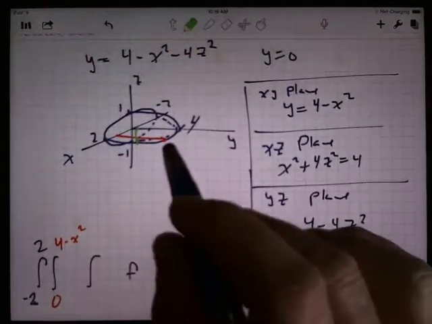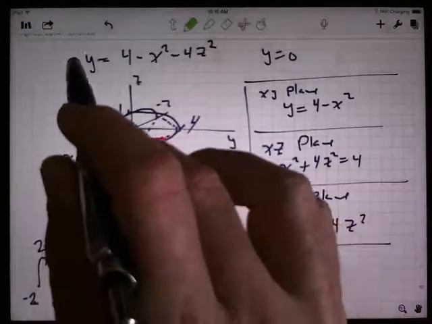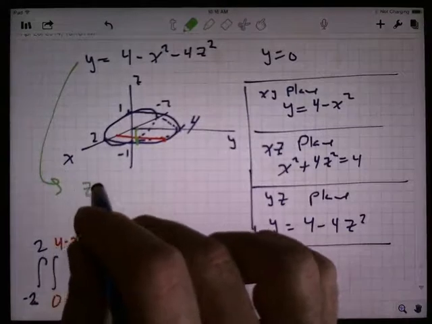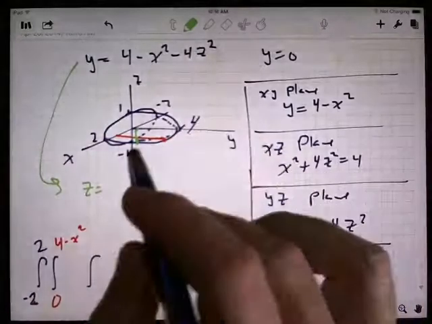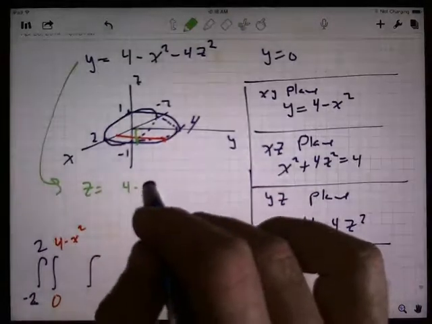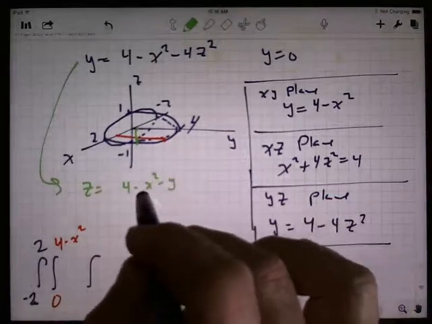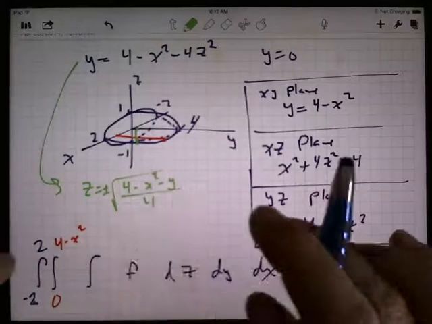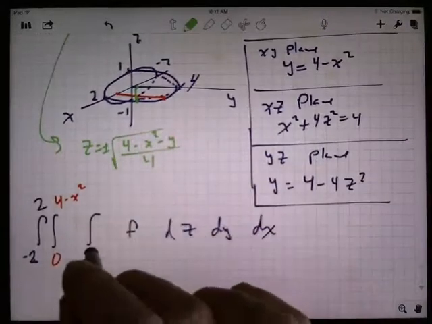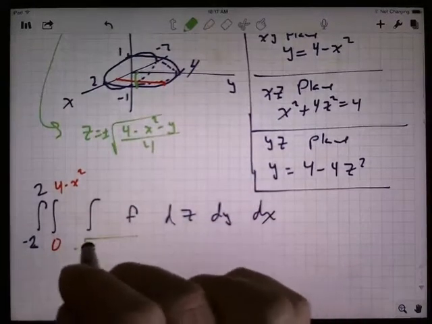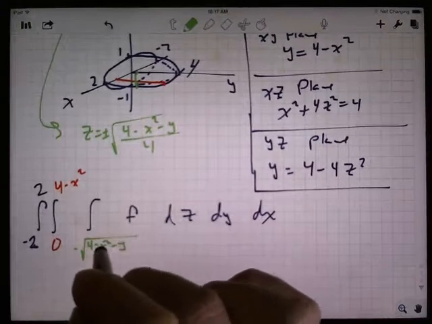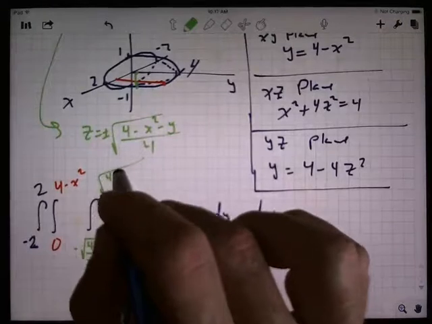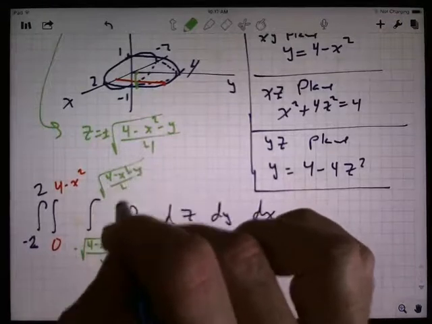Bringing this over, I've got 4 minus x squared minus y, then divide by 4, and then take the square root, plus or minus. So on the bottom side, this is minus the square root of (4 minus x squared minus y) over 4, and on the top side, it's plus the square root of (4 minus x squared minus y) over 4.